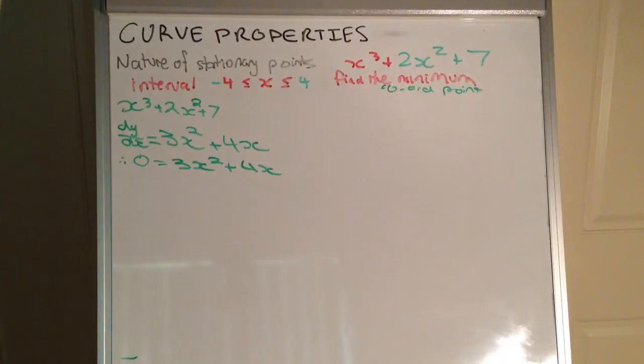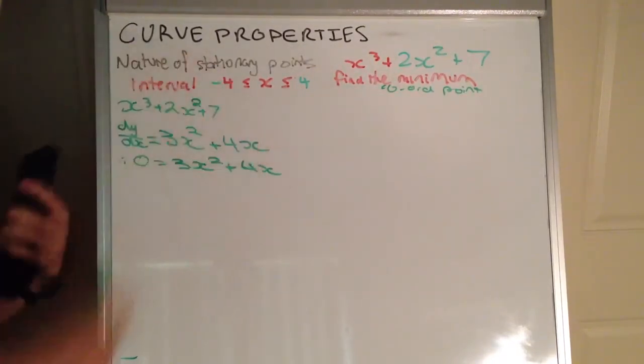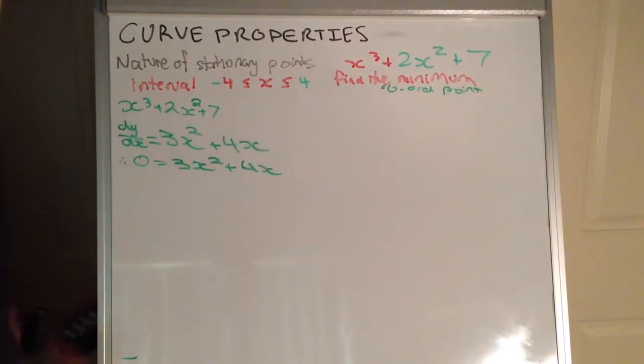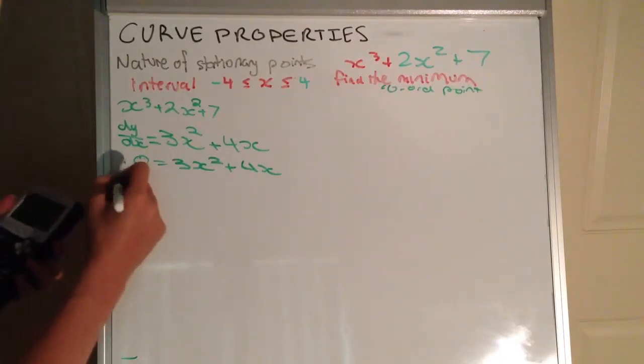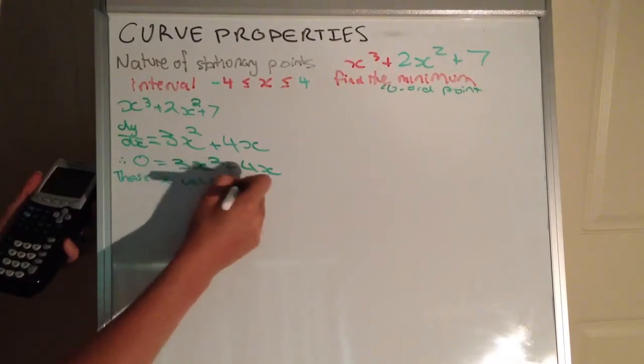Then where it says A1, enter 4, because that is the coefficient of our x to the power of 1 term. And then where it says A0, enter nothing, because we have no constant on the end. Then press the graph button again, or solve, and we should get 2 answers. So these x values are the stationary points.